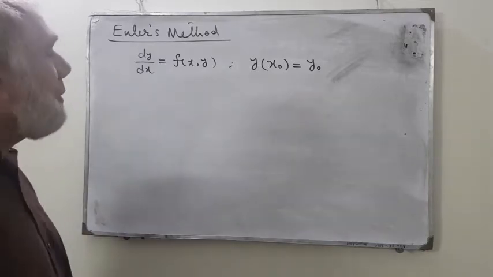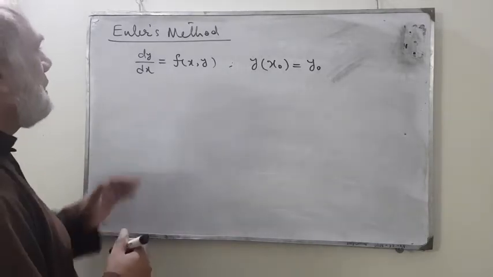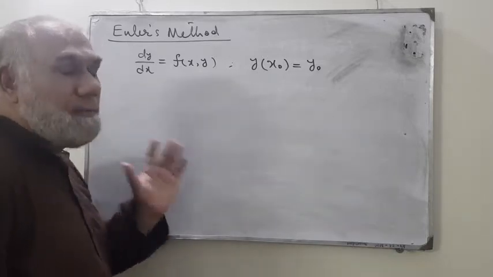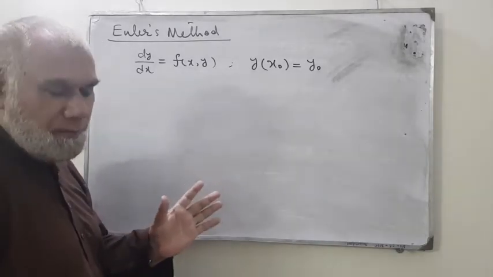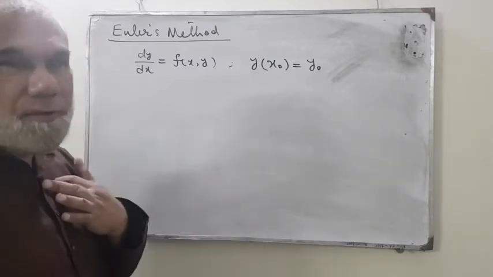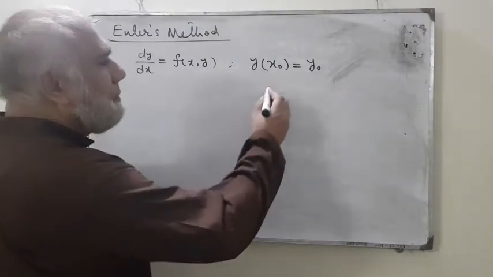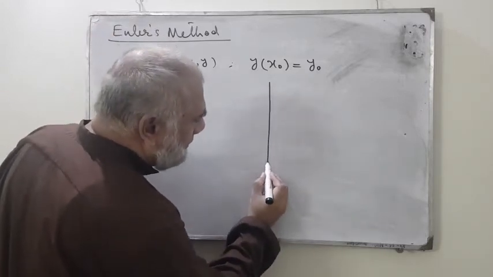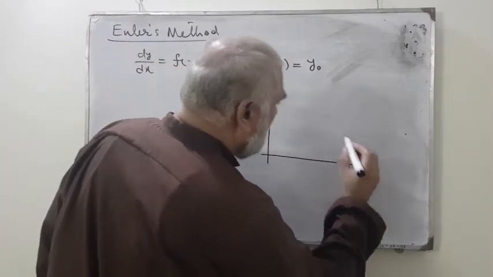In order to approximate the solution of this differential equation, he approximates the solution curve of this differential equation by using straight lines. In order to understand it, let me construct a graph, and this is the solution curve.